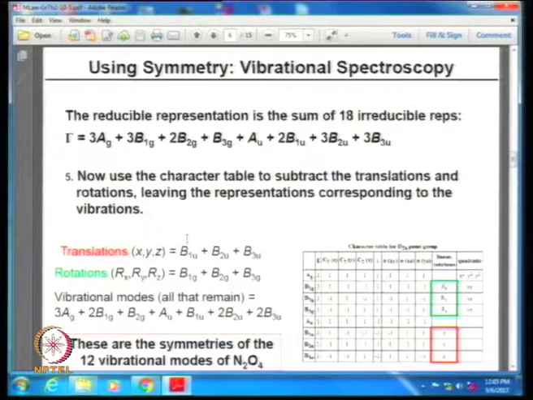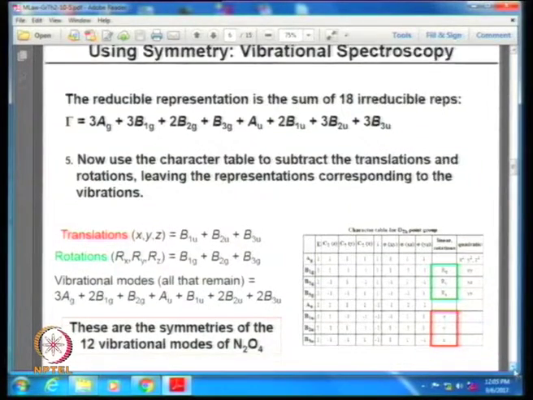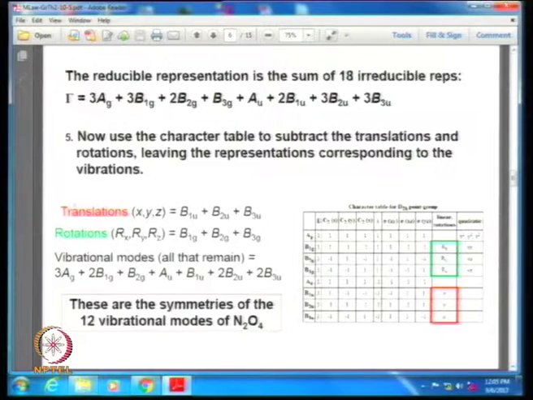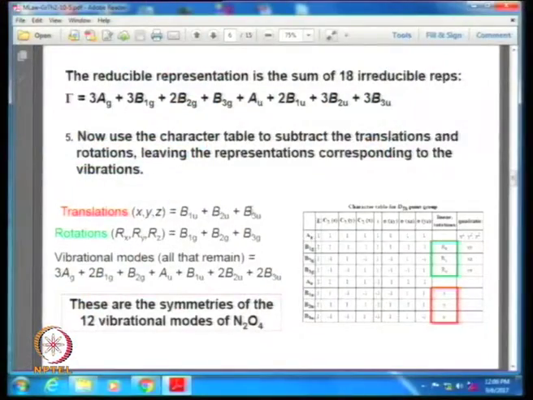So what does all this mean? Well, what we can now do is identify the properties of the vibrational modes. So now he points out that in this table, out of the 18 dimensional representation, 3 things are just the bulk motion of the whole molecule, where the X, Y, and Z axes move, and those correspond to B1u, B2u, and B3u.